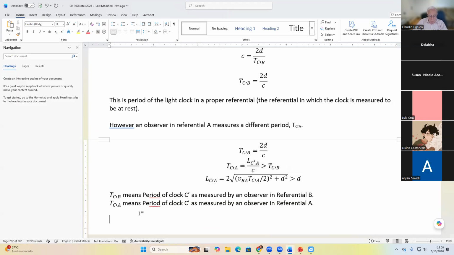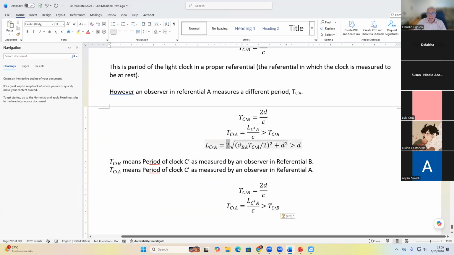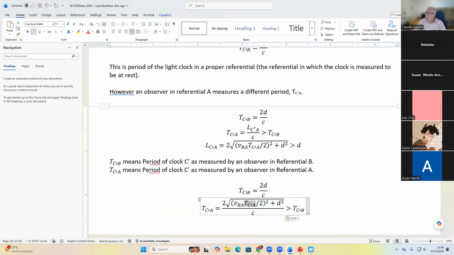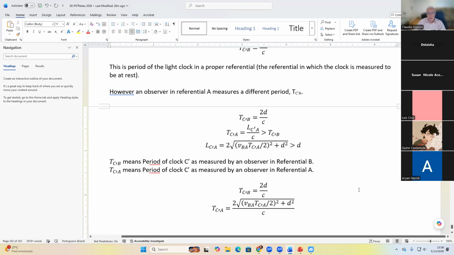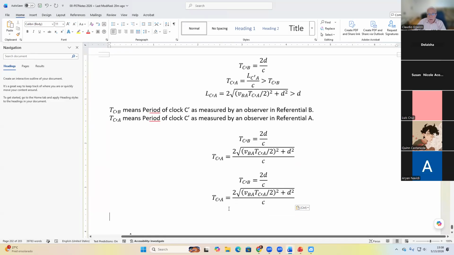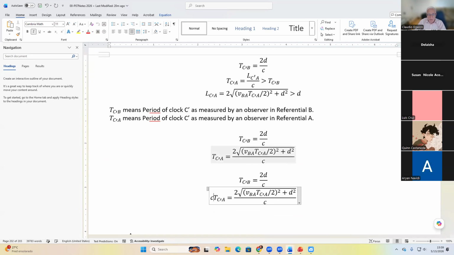I'm going to keep copying and pasting the same. I go right here. Note that we have TC prime A and TC prime A here, right? We will need to square. I'm going to pass the c, the speed of light, to the other side.